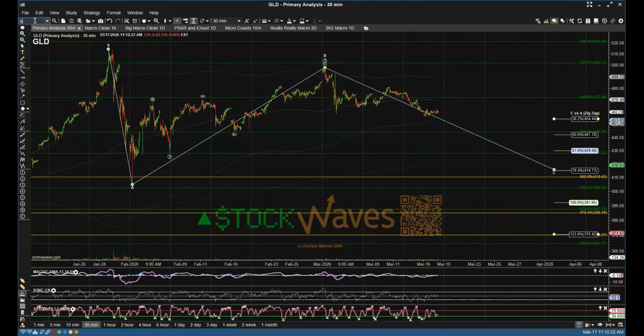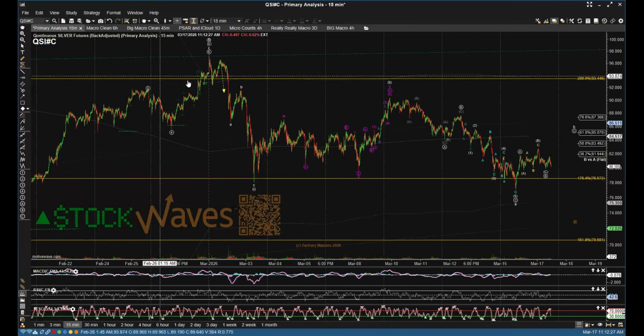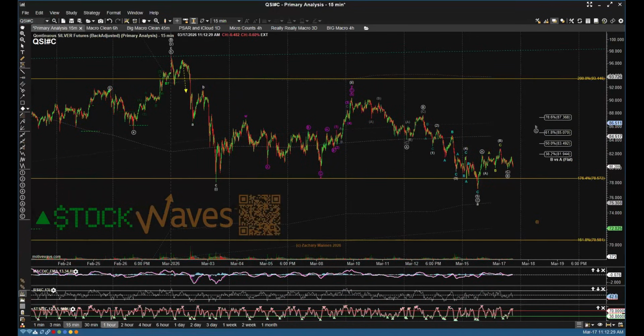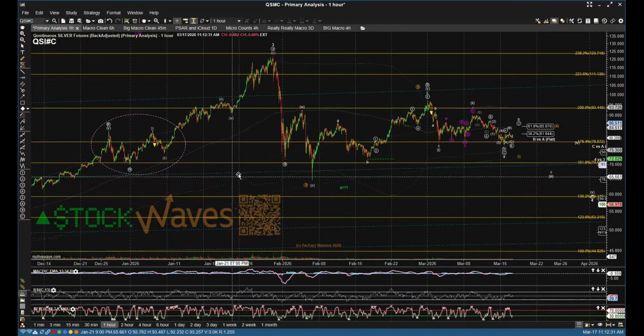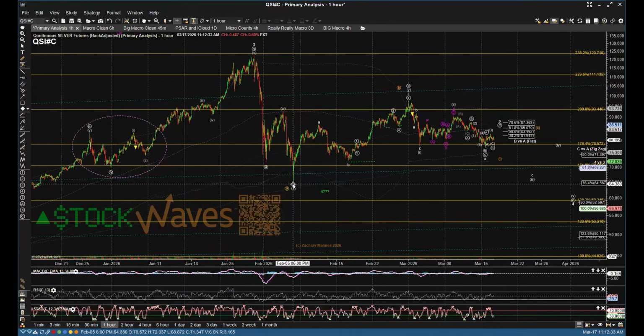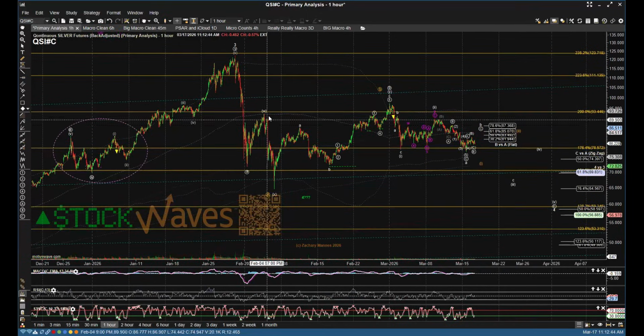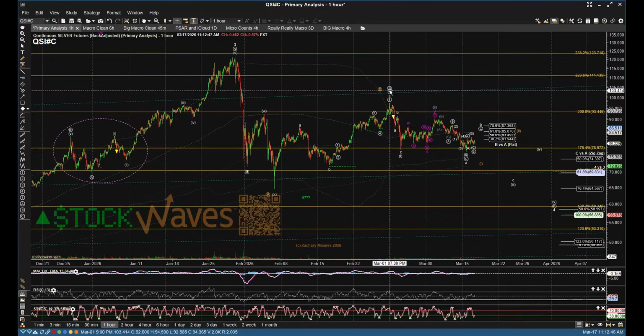So with that in mind, let's jump over and take a look at the silver chart. In the silver chart, as we said, silver got this significantly lower low relative to the beginning of February. But similar to the way that I was showing the count in gold, counting this as a WXY for this B wave.